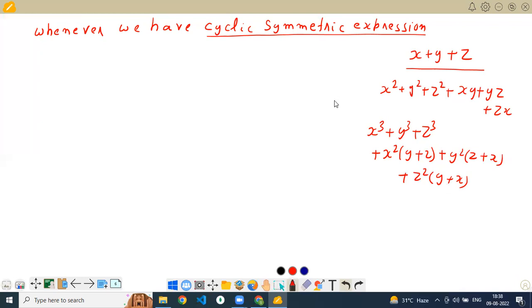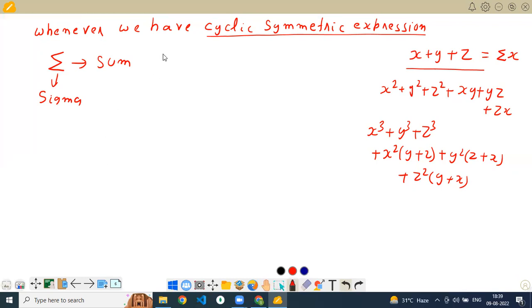So if we have these cyclic expressions, then use this sign. This is the sign sigma, coming from the Greek alphabet, and the sigma sign is used for summation or sum. So x plus y plus z can be written as summation of x, that means I have to repeat it, x plus y plus z, whatever are the terms.